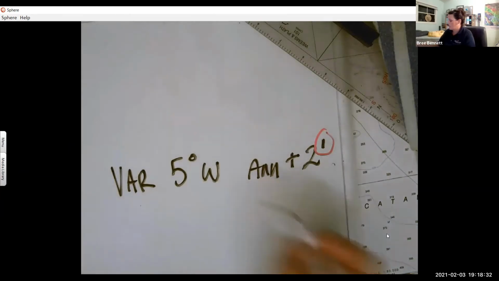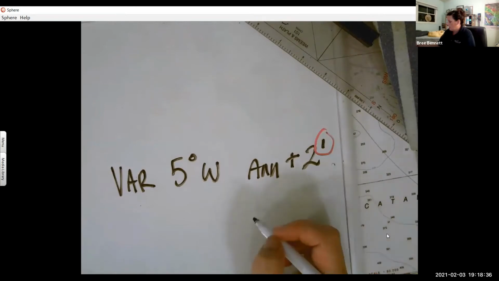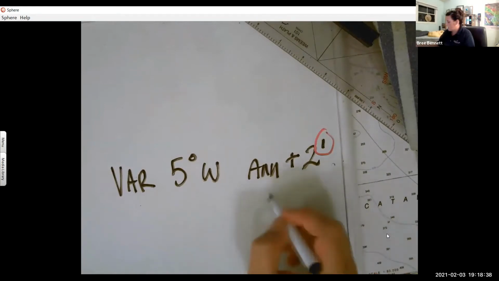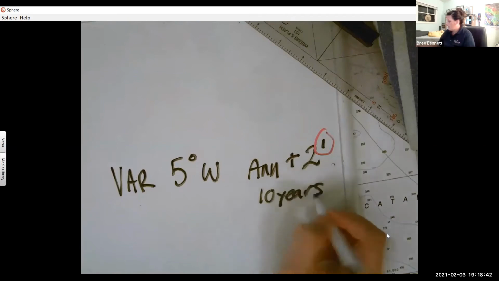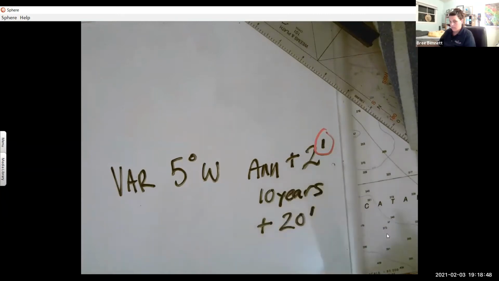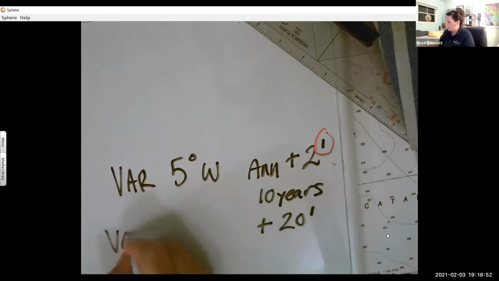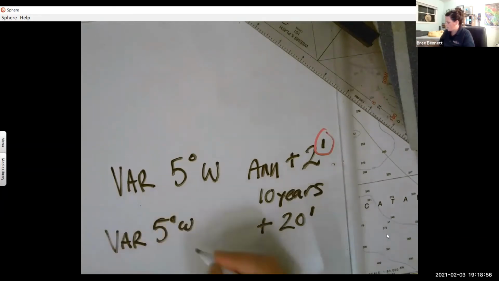So if this was taken 10 years ago, then that means I would be increasing by 20 minutes. So if I change this, my variation was 5 degrees west 10 years ago.